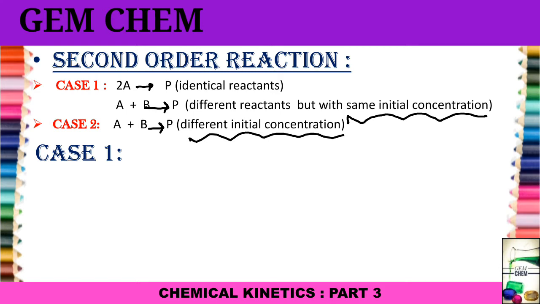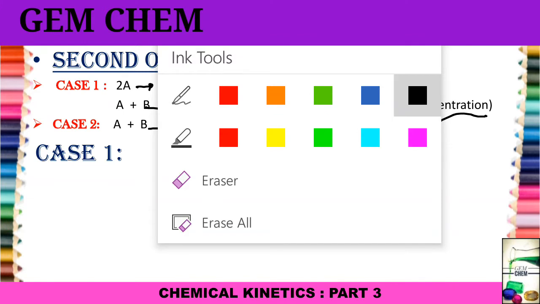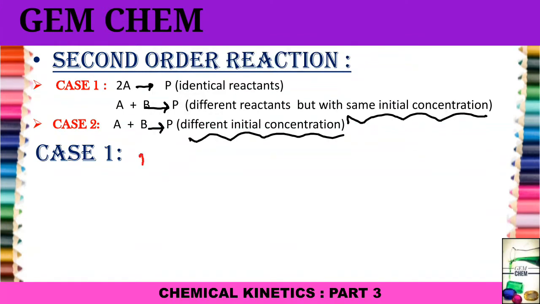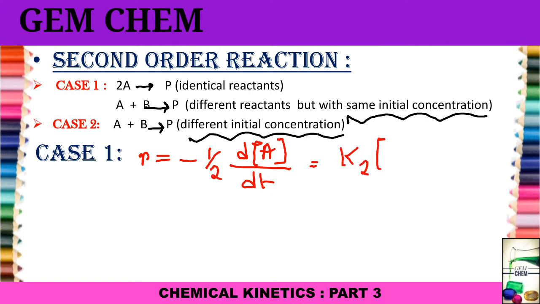So if we try to write the rate equation for case 1, let us start doing it. So R comes to be as minus half dA by dt equals K2 A to the power 2. And how to write it, we have already discussed in part 1 video and part 2 video, so you can watch it.